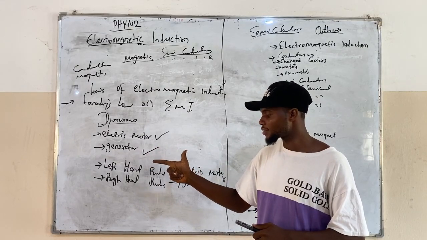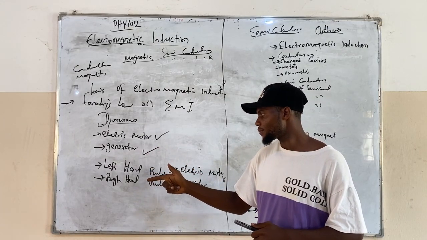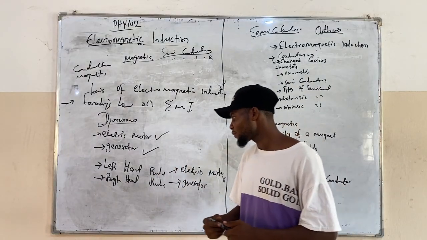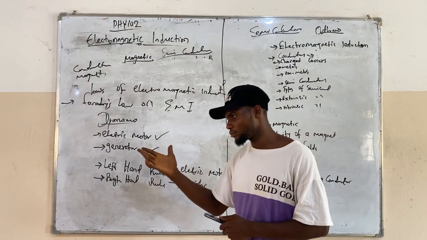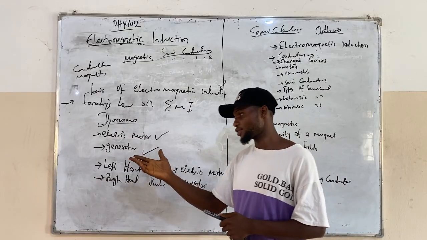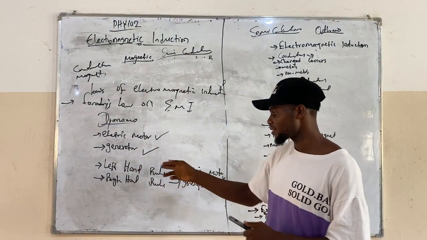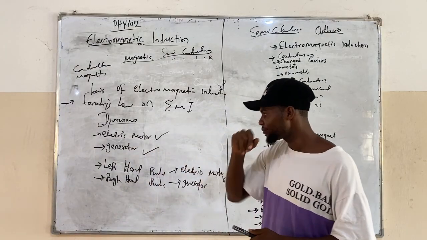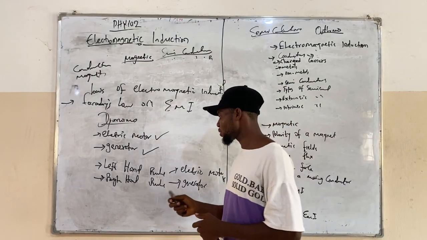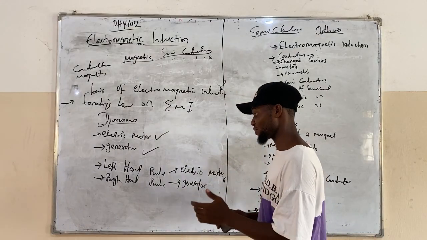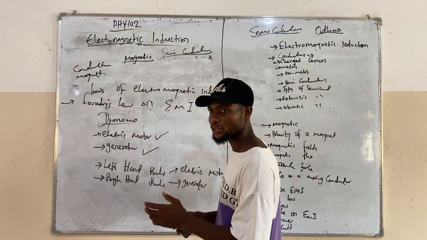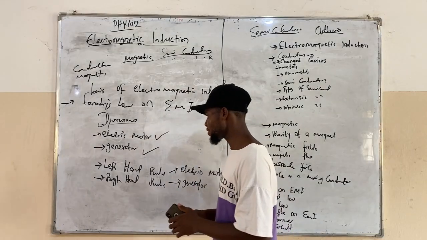So you can have it like this. This is the right-hand rule, because I'm using my right hand. For the left hand, it's the same, only that left and right are not the same thing. They use the left hand in presenting this.